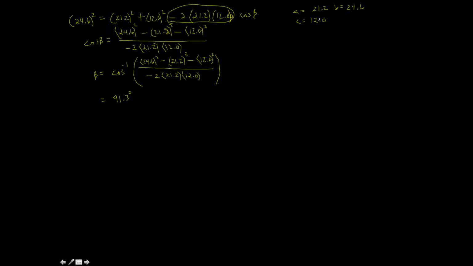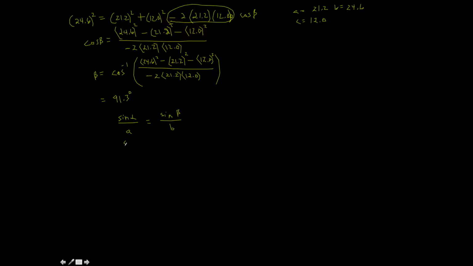So I'm going to arbitrarily choose alpha here, and because I like it better, I'm going to use the law of sines to solve this problem. Okay, so sine beta, now that we know beta, over B. So go ahead and plug in.